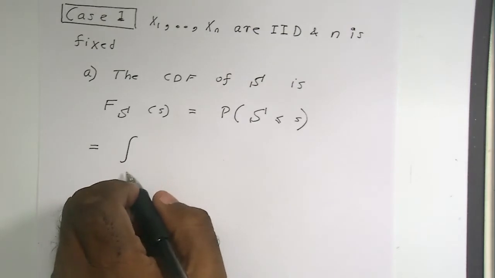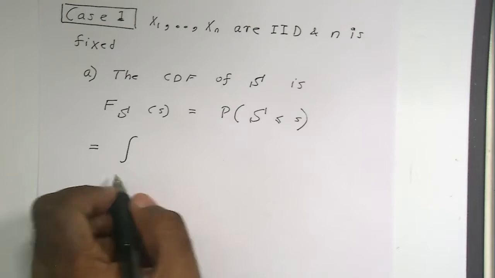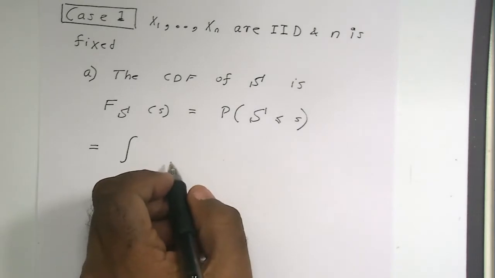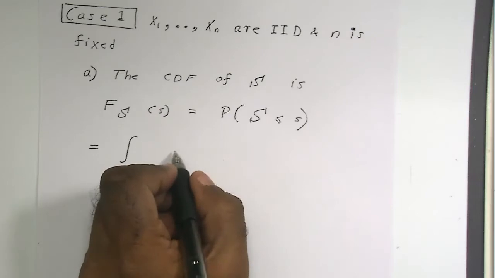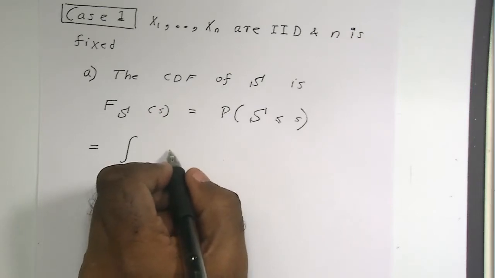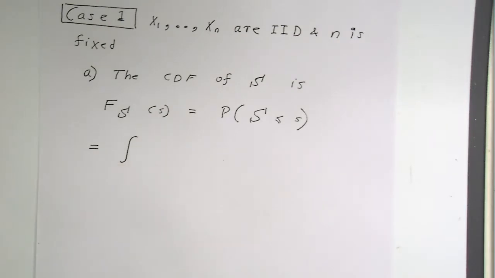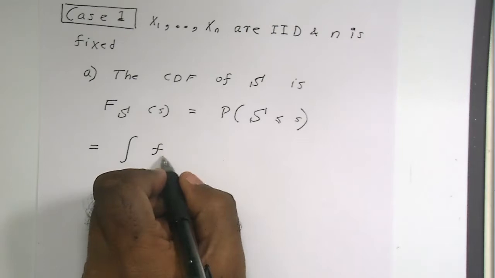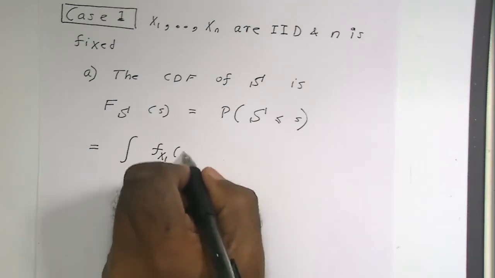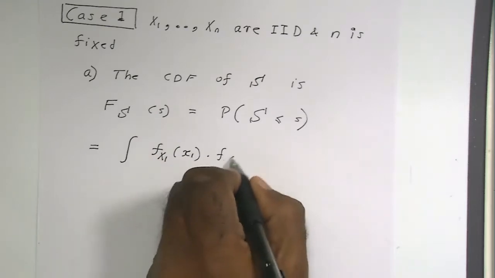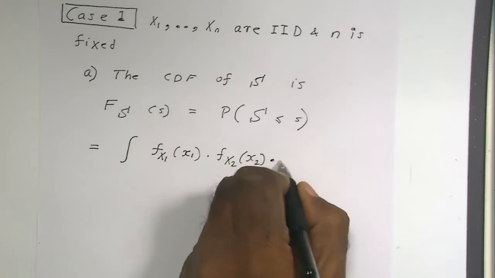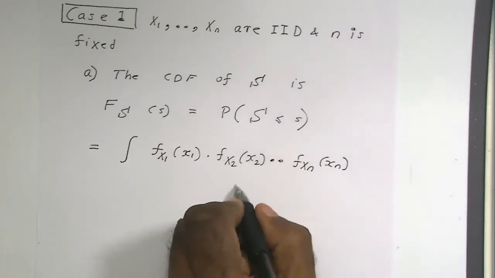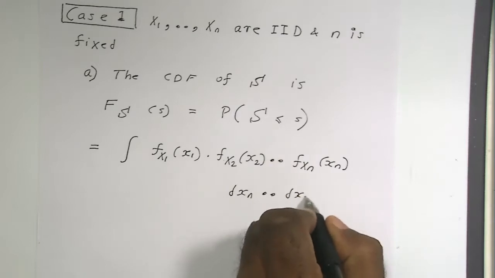When I write an integral, I'm assuming that all the variables are continuous. If the variables are not continuous, then you need to replace this by a sum.